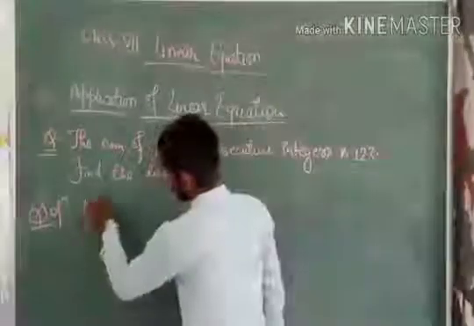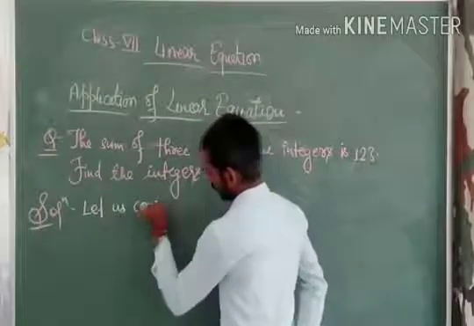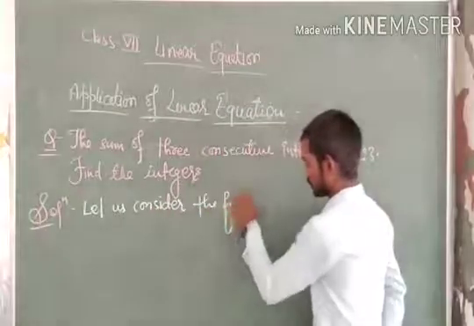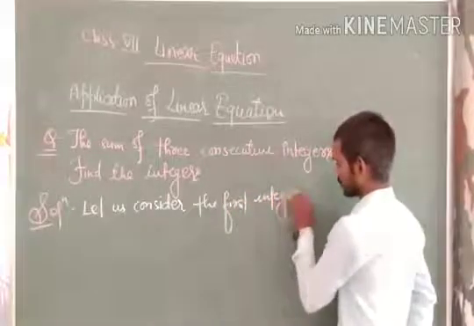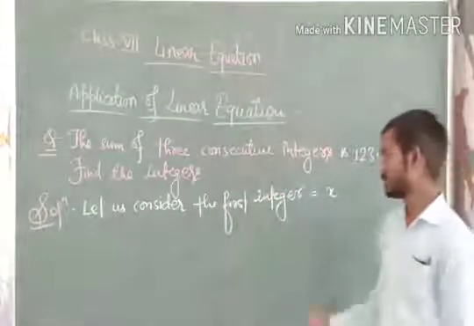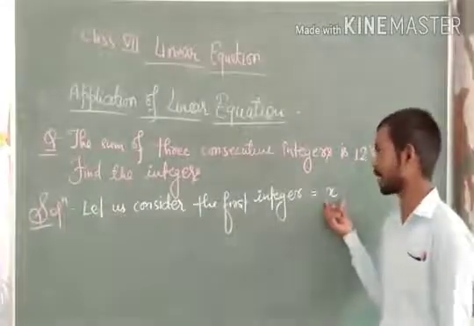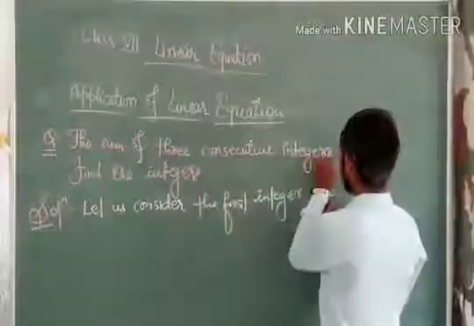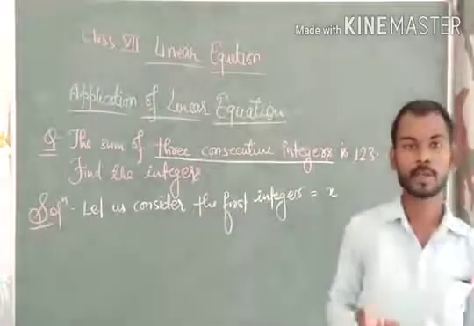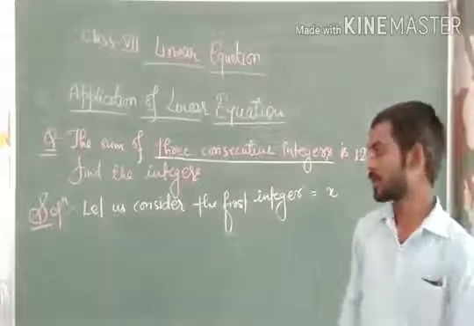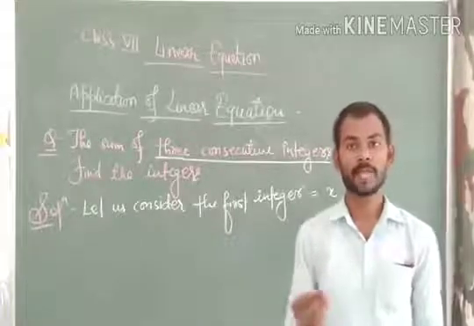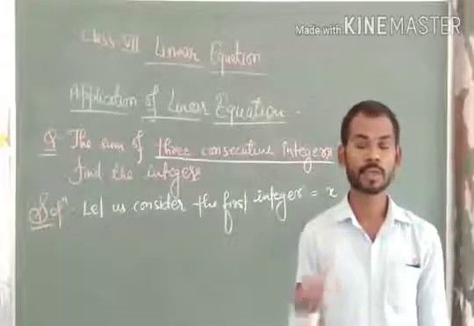First, let us consider the first integer is equal to x. The first integer is x. If the first integer is x and the problem is about three consecutive integers, consecutive means the numbers which come one after another, like 1 and the number that comes after 1 is 2 and the number that comes after 2 is 3.